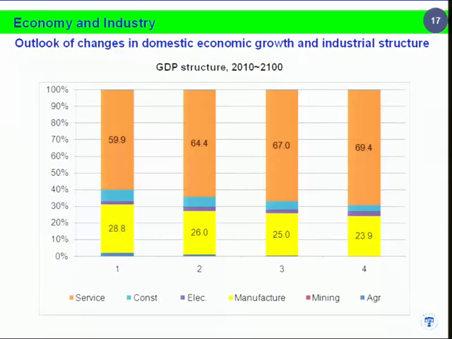Currently, service is less than 60%, but in 90 years, it's going to be more than 70%, which is very similar to the current service share in the United States, I guess. And manufacturing is going to be a lower 20% compared to almost 30% right now.